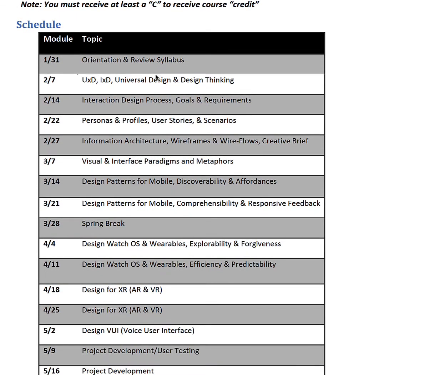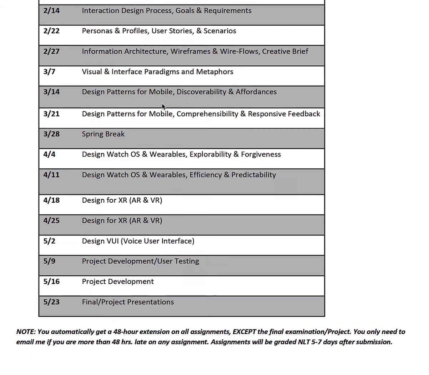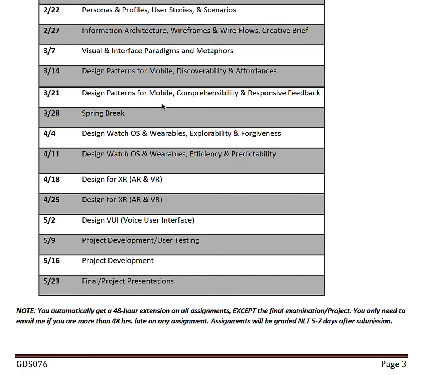The schedule is very straightforward. You can read through it on your own. In fact, you should read through it because there's a question on the orientation quiz about the schedule.